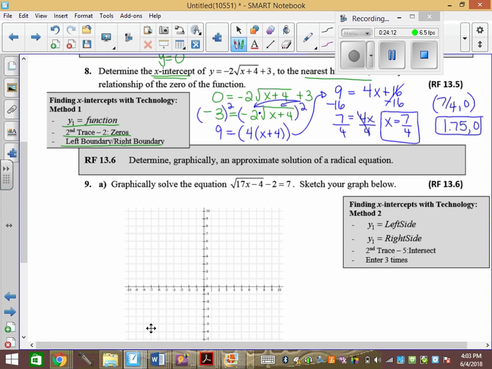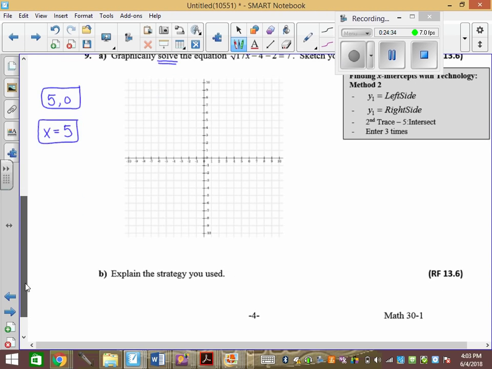So our intersection point, or our solution, is at x equals 5. And we can check it, but we've kind of checked it with our calculator already.